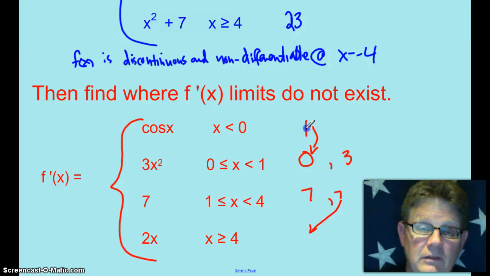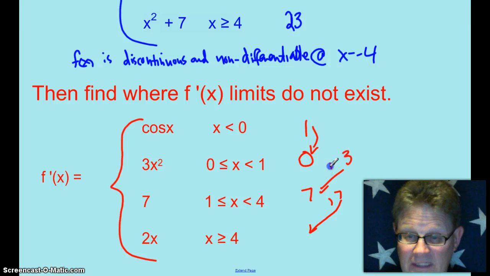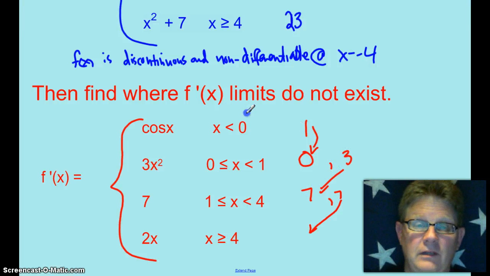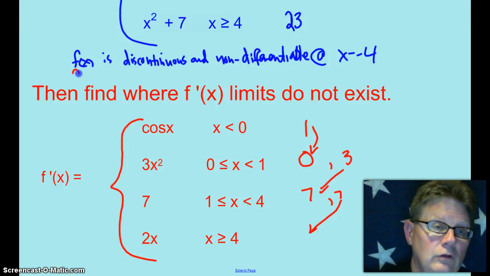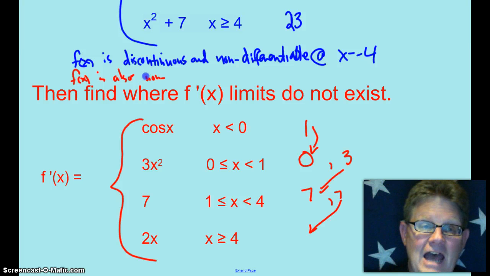In order for it to be differentiable, these two limits have to be the same. And then it's also non-differentiable here at 1 because these limits need to be the same in order for it to be differentiable. So we also have to write f of x is also non-differentiable.